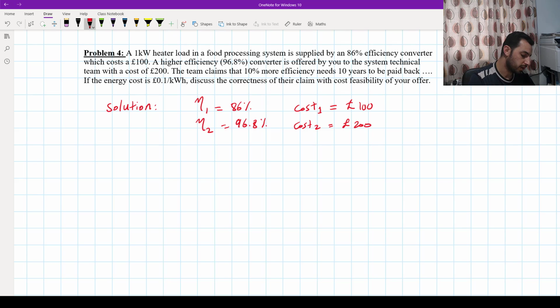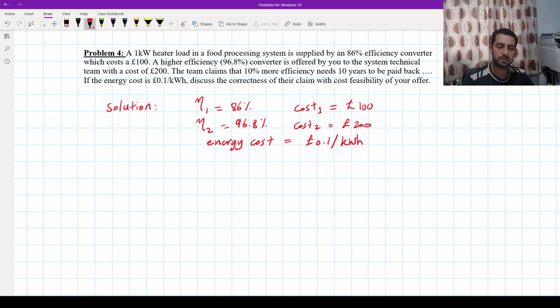So the energy cost is about 0.1 pound per kilowatt hour. All right, so this is the energy, not the power. How do we think about this one?